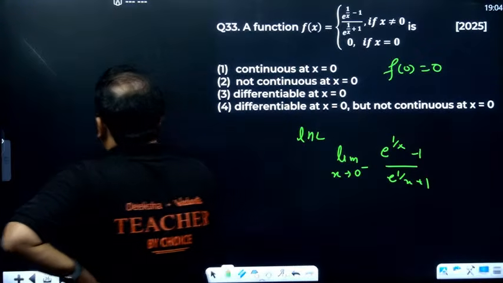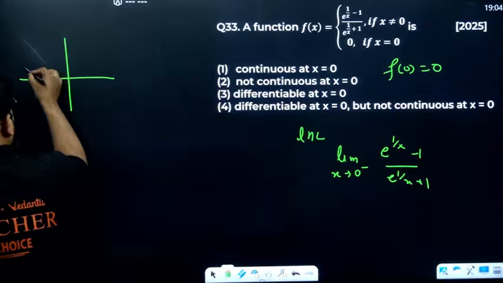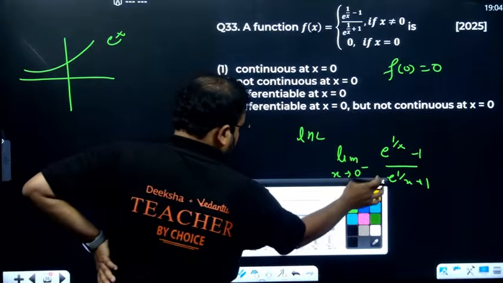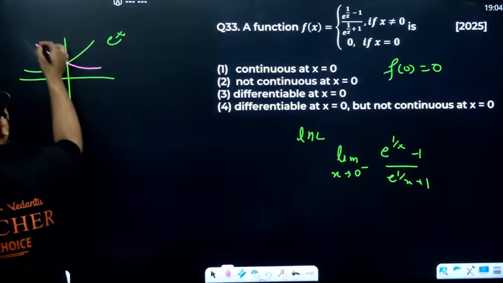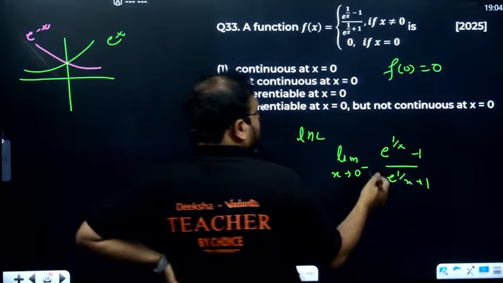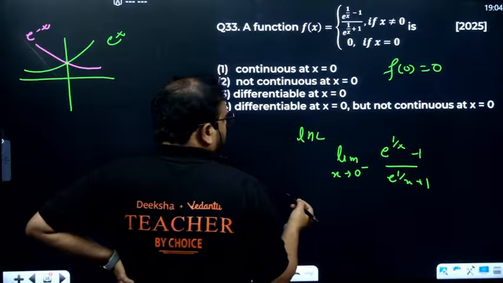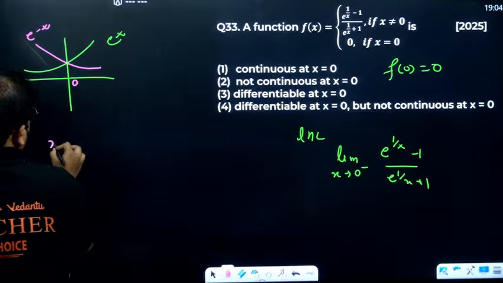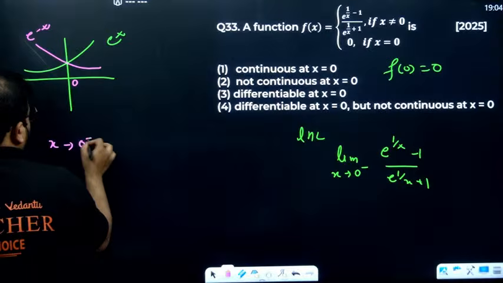Okay, look at the graph, guys. This is the graph of e power x, and this is the graph of e power minus x. That's the two graphs, correct? So if you look carefully, when x goes to a negative value, this is 0 over here. When x is going to 0 negative, what it means?